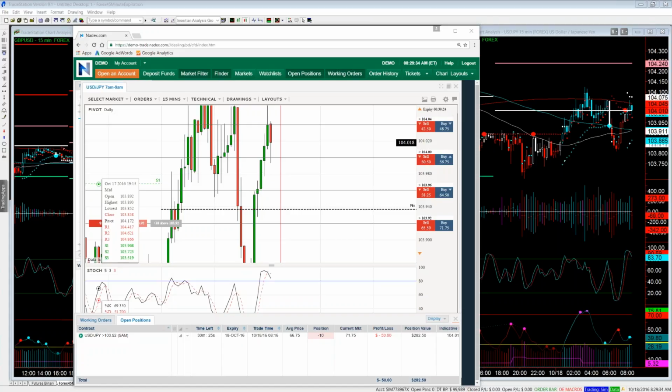They're expecting the CPI to come in at 0.3, which is higher than last month. And they're expecting the core CPI to come in at 0.2, which is lower than the previous month.